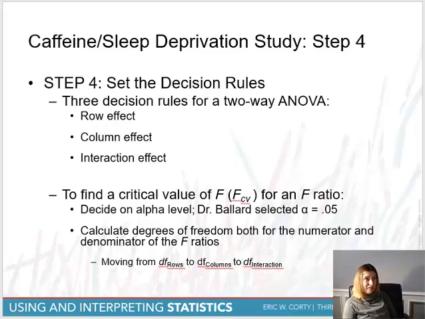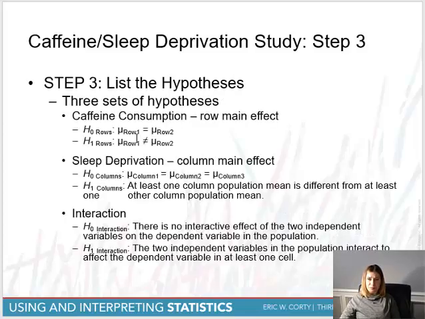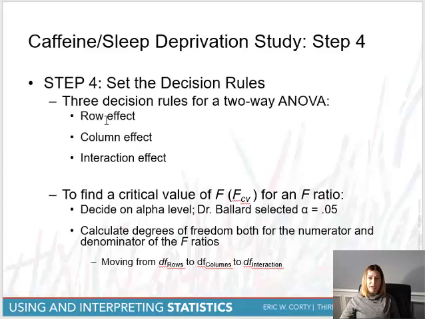We have to find out what that value of f is that is going to determine whether we can reject the null when we calculate our observed value of f. So we're going to potentially have 3 different values of f. So we had to figure out the decision rules for our row effect, which is our caffeine consumption, our column effect, which is deprivation, and then the interaction.